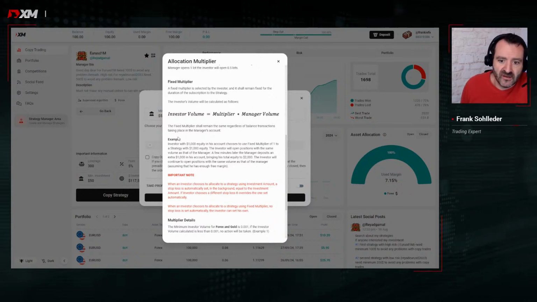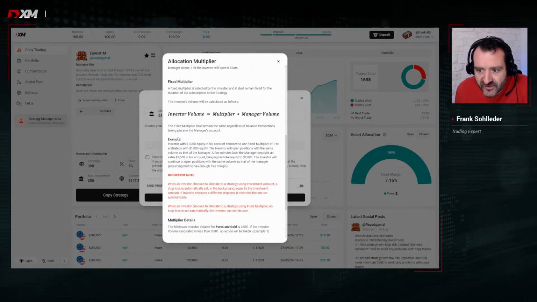So meaning, for example, you have 1000, the manager has 1000, the multiplier of 1 will always stay 1. And then a few minutes later, the manager deposits an extra 1000 in his account, bringing his equity to 2000. The investor will continue to open positions with the same volume as that of the manager, assuming that he has enough free margin.